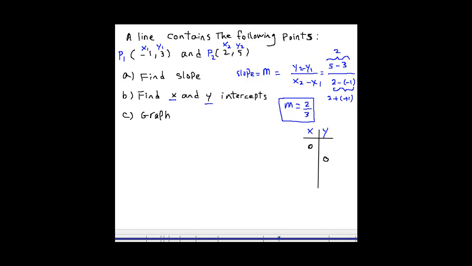In order to find the x and y intercepts, we need to find the equation of the line. How do you write the equation of the line, anyone?